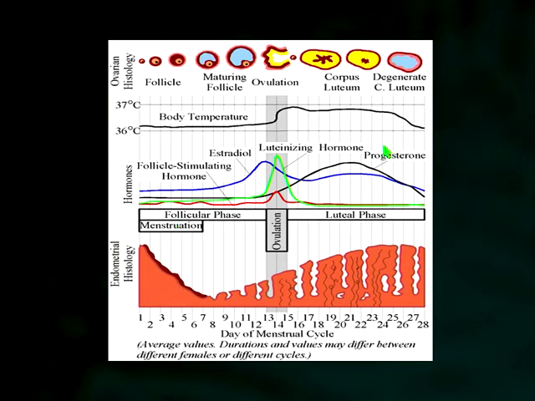So in the middle here is probably the most important to try to understand how the various hormones play roles here. But you can see some nice peaks here in FSH and LH. You can see that progesterone has very little role or no role prior to ovulation, then a significant role after ovulation.